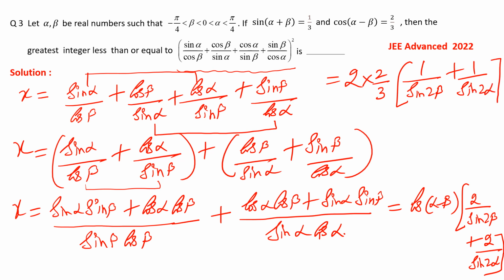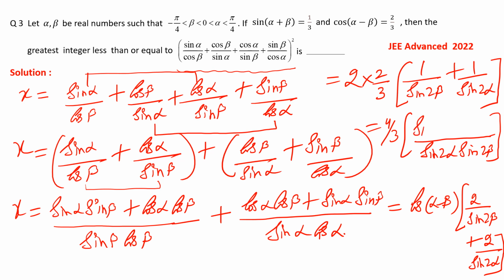Now students, again take LCM and simplify this expression. In the denominator, I will be getting sine 2 alpha into sine 2 beta, and in the numerator, I will be getting sine 2 alpha plus sine 2 beta.